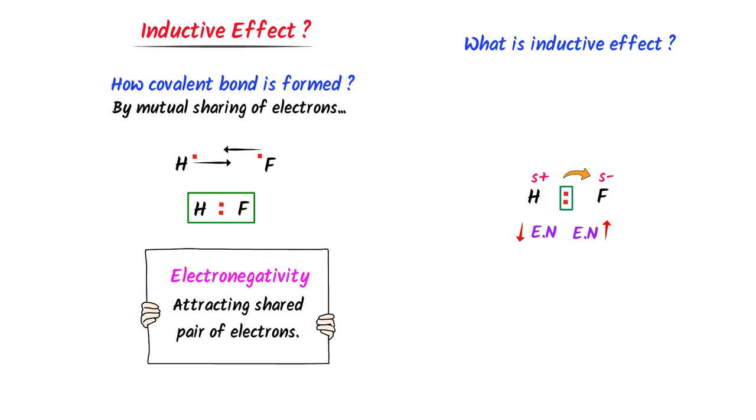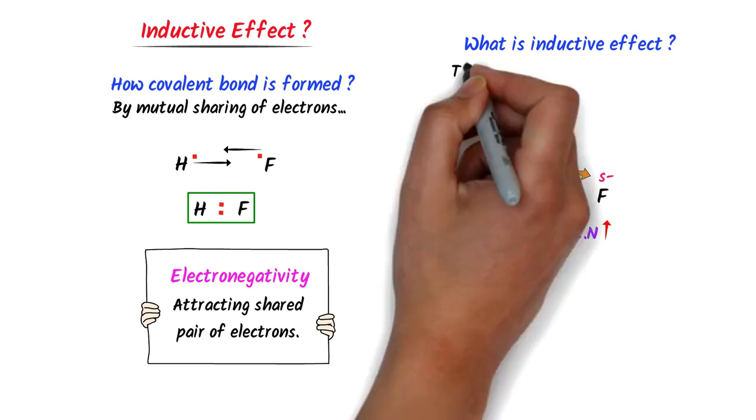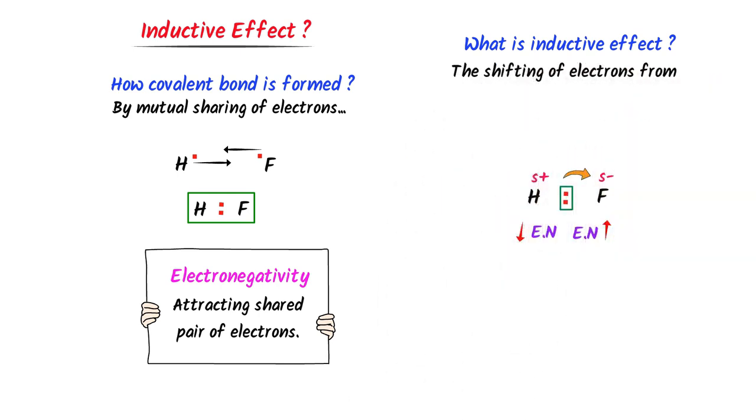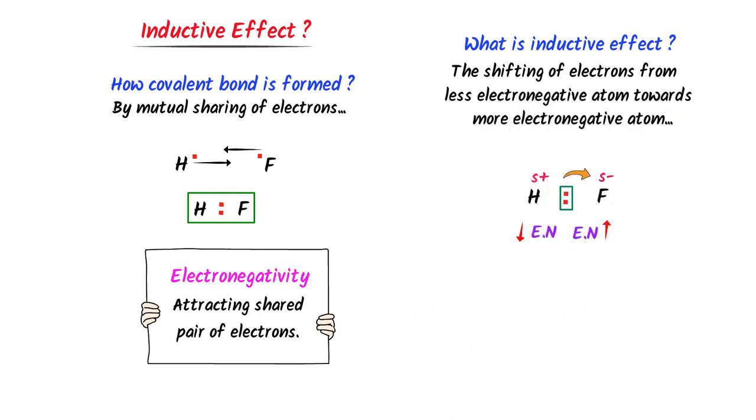Now listen carefully. This shifting of electrons towards fluorine is known as inductive effect. Therefore, we define inductive effect as the shifting of electrons from a low electronegative atom towards a high electronegative atom in a covalent bond. Let me repeat it.